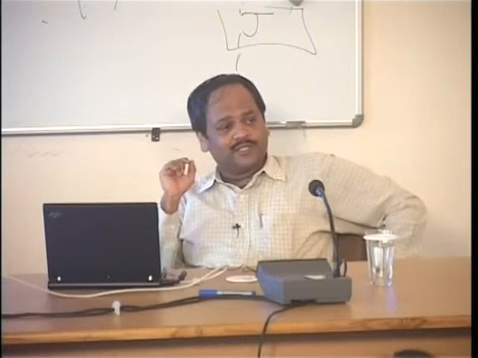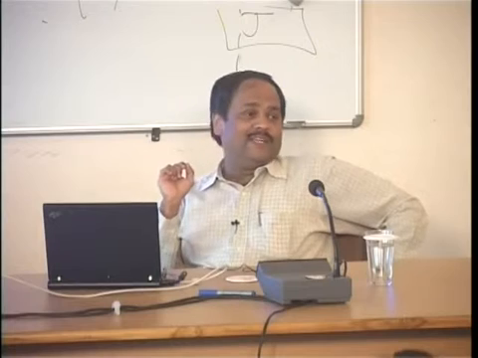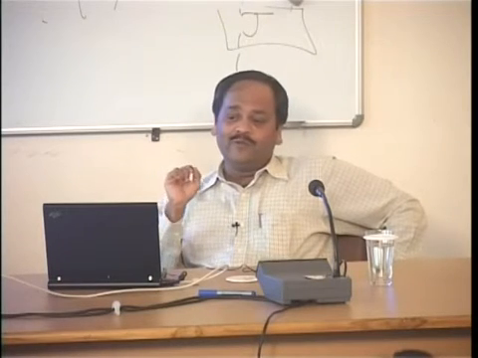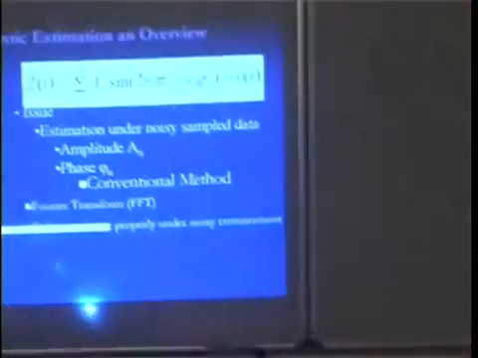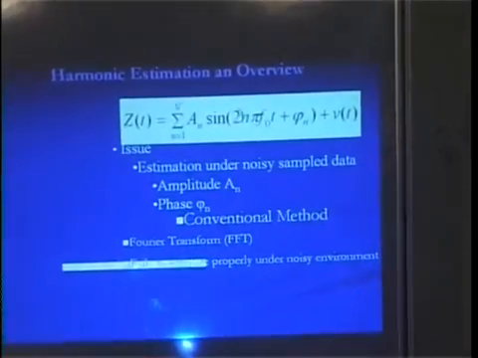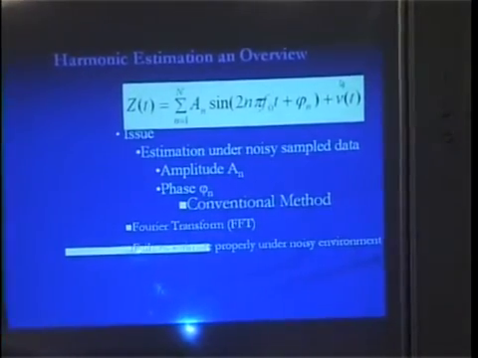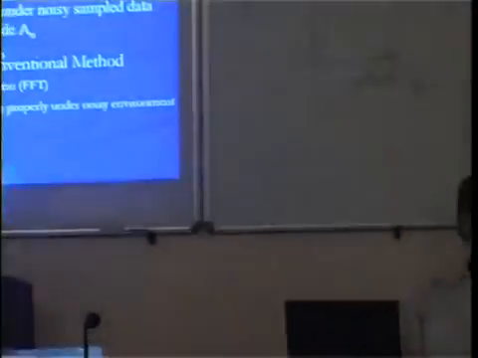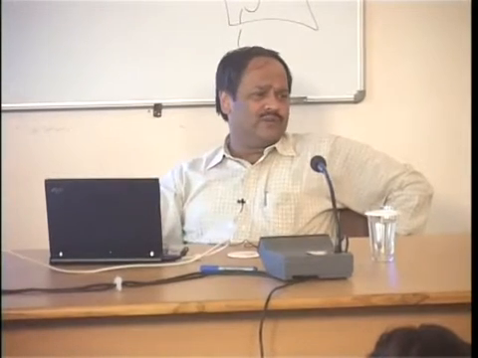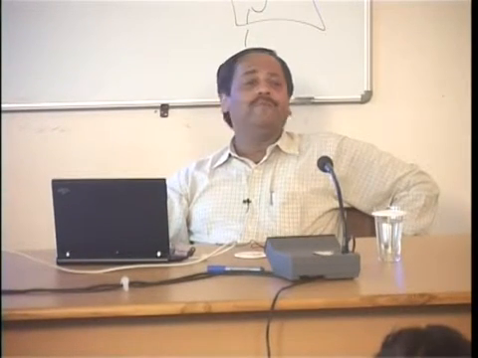So I proposed the bacterial foraging algorithm to find out the phi n. The phi n I propose to find out from this expression. And once phi is found out, then I use the least squares algorithm, which is generally the most common algorithm, for finding the amplitude.